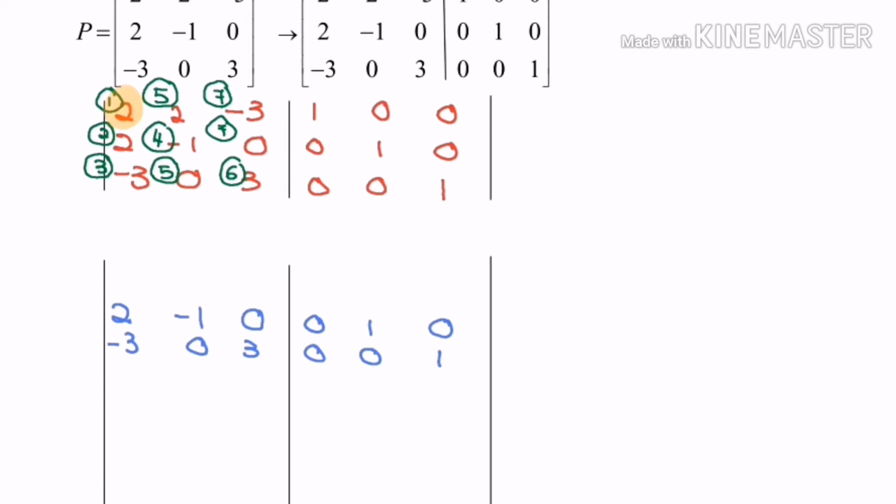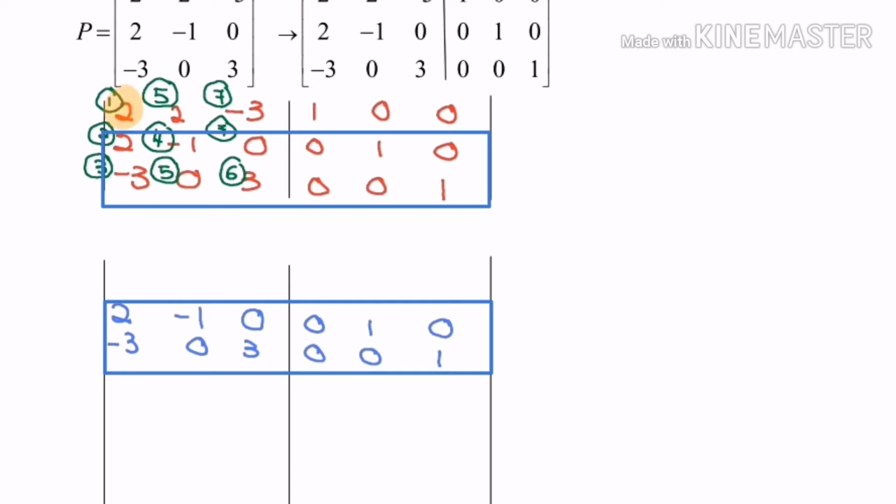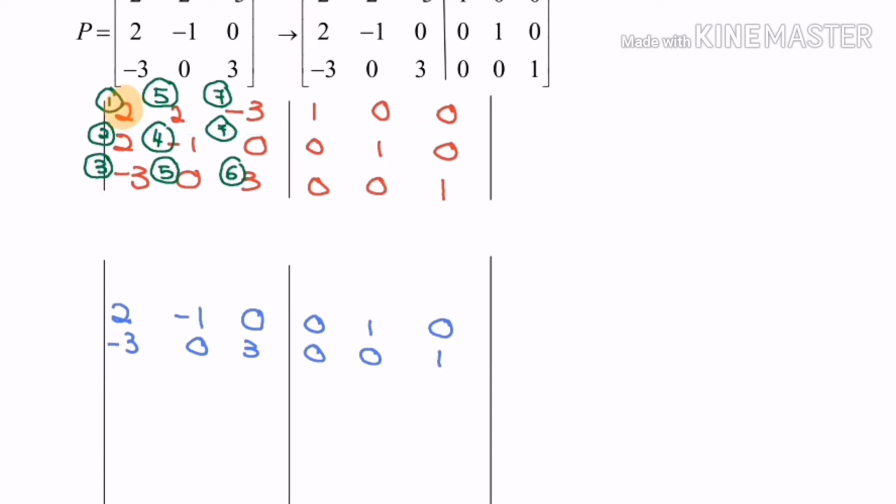The blue color ones are the ones I'm copying, meaning they won't change. Now I'm going to process how to make sure the 2 becomes 1. So it's to multiply by a scalar. I'm going to multiply 1 over 2 with row 1. That is the way of writing. So my answer will be 1 if I multiply with 1 over 2.